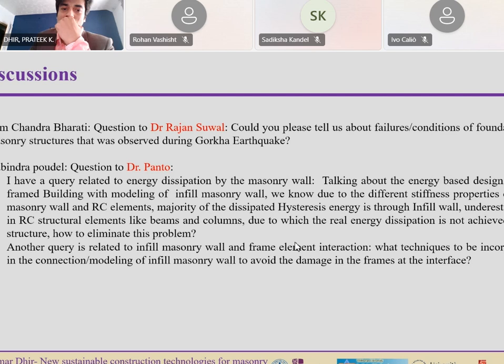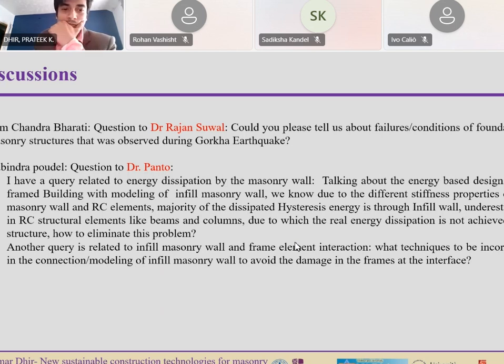In infill frames, the only failure mechanism that can be activated is shear, because the flexural one is avoided by the confinement effect of the reinforced concrete or steel frame. So the role of masonry in that case is dissipating energy.